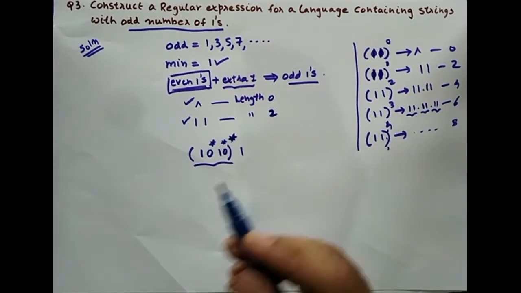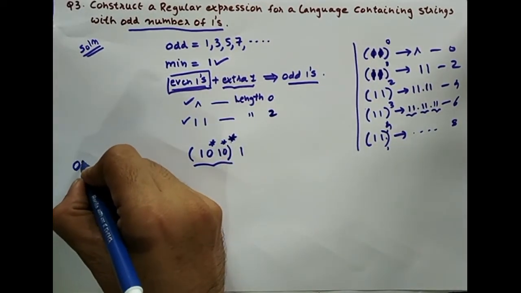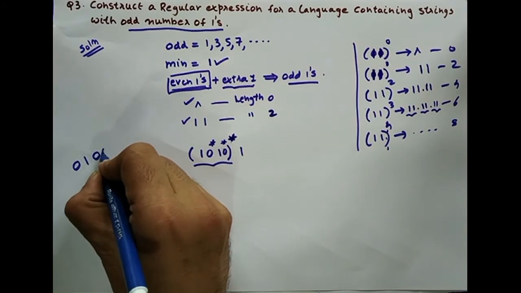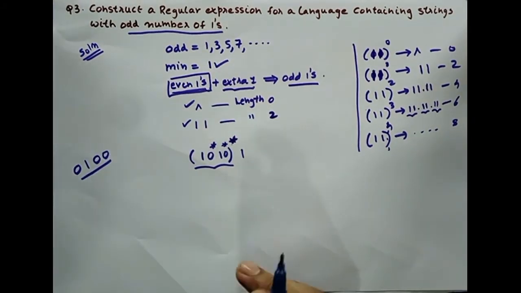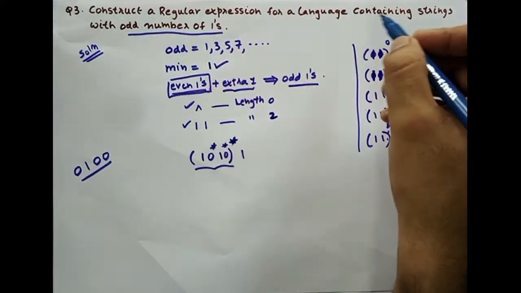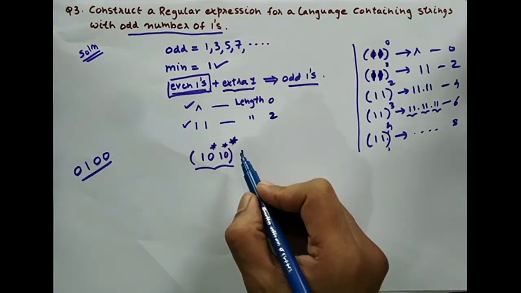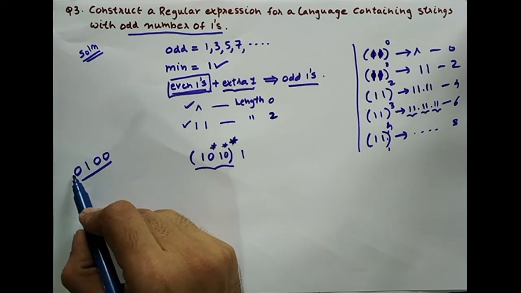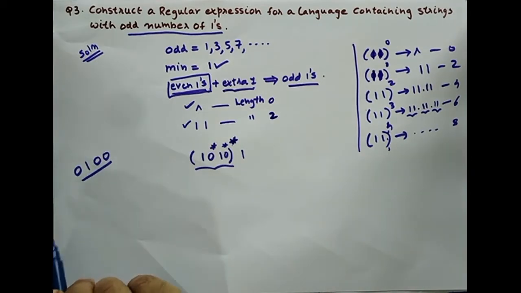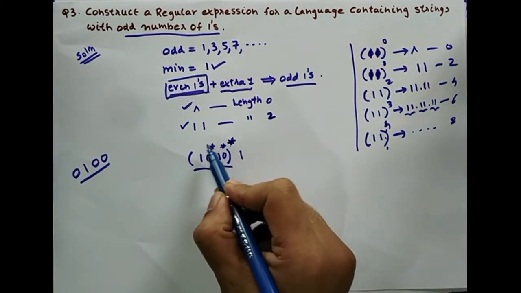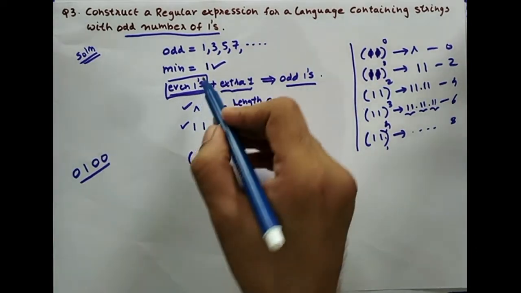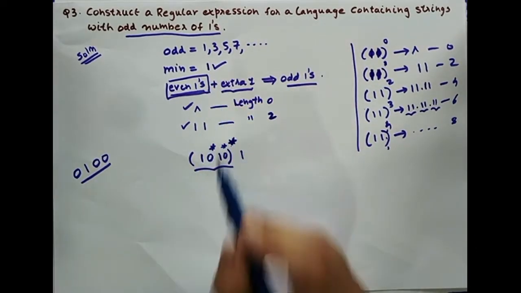But now this is a regular expression for even number of ones. Suppose somebody gives you a string like this 0 1 0 0. This should be accepted or rejected? This should be accepted. Why? Because it has odd number of 1, right? So when the string is 0 1 0 0, this sub expression, which is a representative of even number of ones, will be repeated zero number of times.